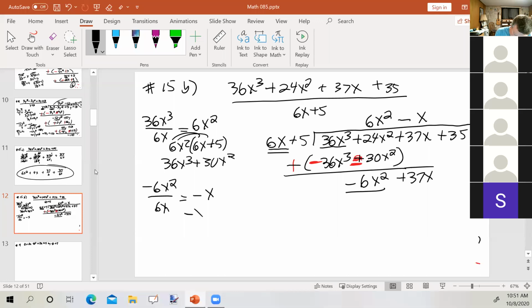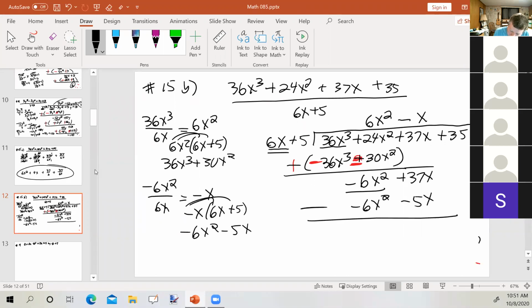I'm going to take that negative x times 6x plus 5, which is negative 6x squared minus 5x. Subtract that from what's up above. Change it to addition of the opposite.